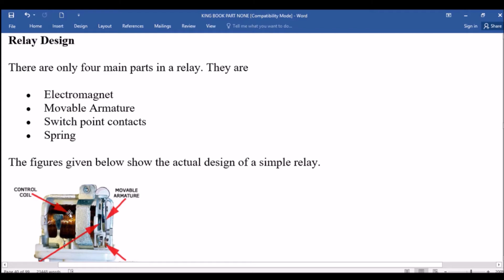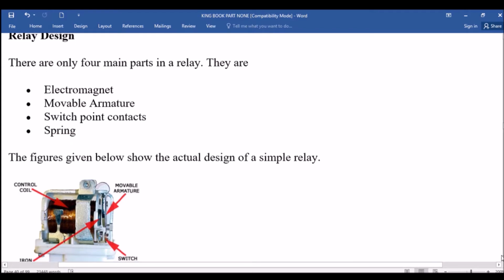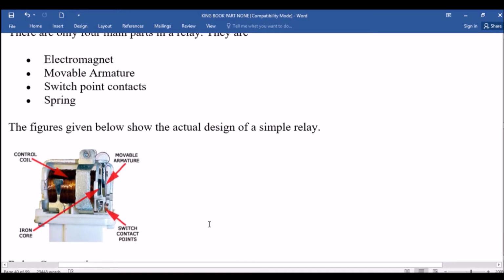This is the control coil. This coil is the one where, when the voltage or the small amount of current flows through it, it produces the electromagnetic field, which acts with the movable armature.